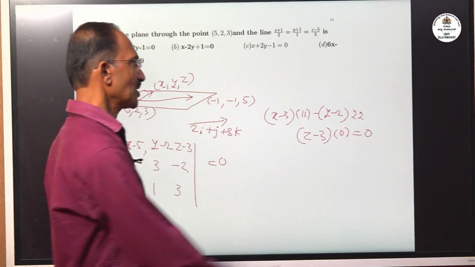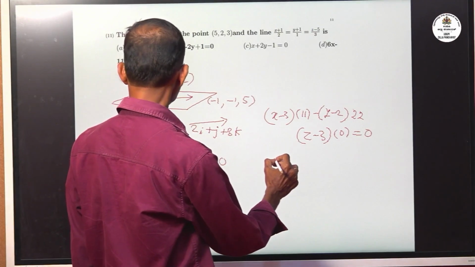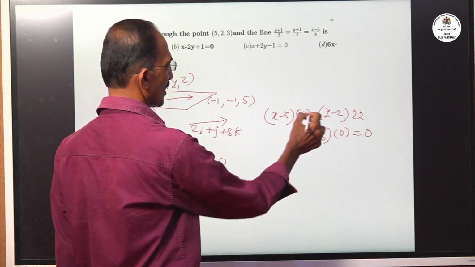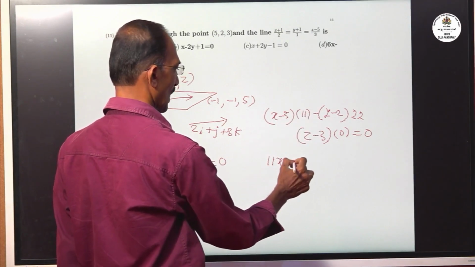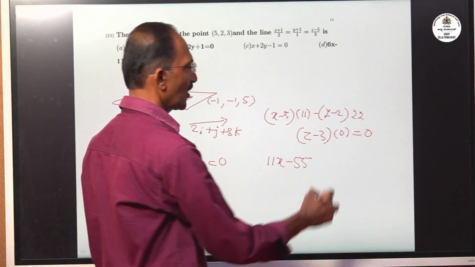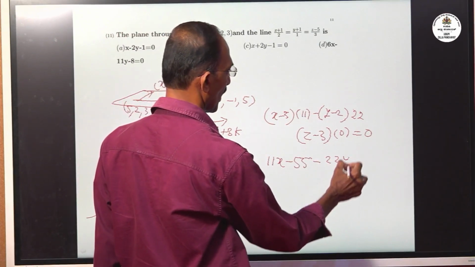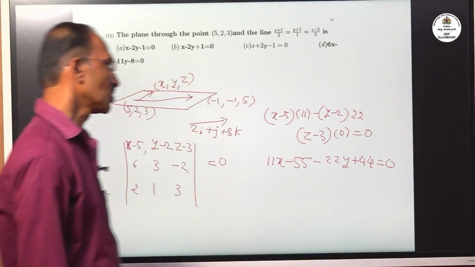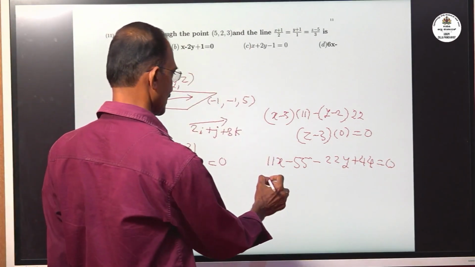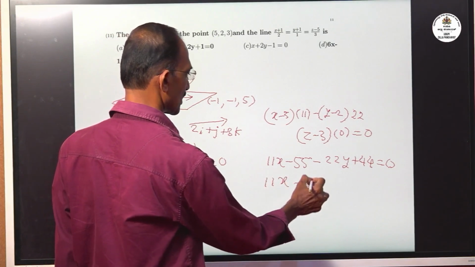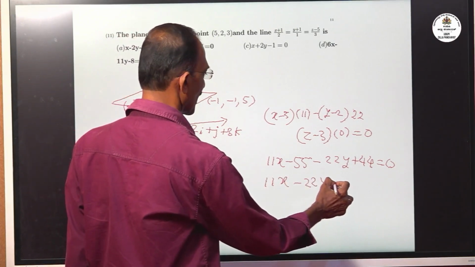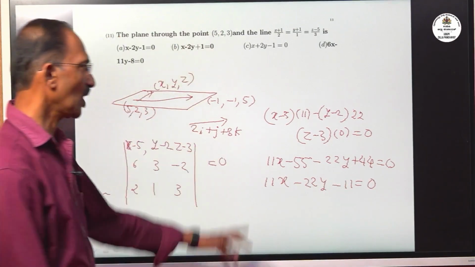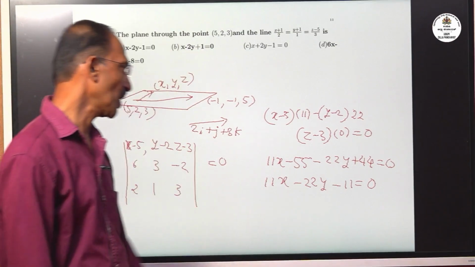So you are getting 11 into (x minus 5), so 11x minus 55, and minus 22y, and plus 44, which is equal to 0. So we are getting 11x minus 22y minus 11 equals 0. 11, 22, 11, they have a common factor.